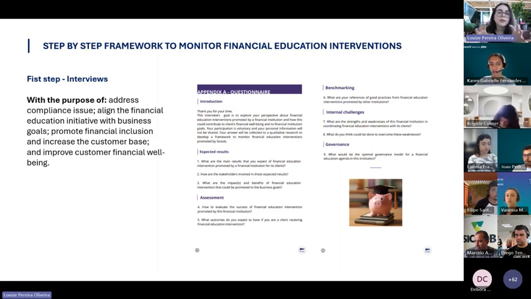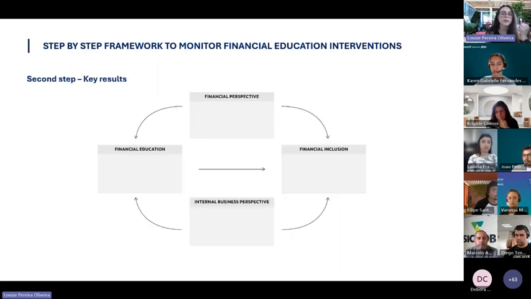So these interviews are the first step and a very, very important step to build the framework and to have a direction to where your cooperative wants to go with the financial education interventions.